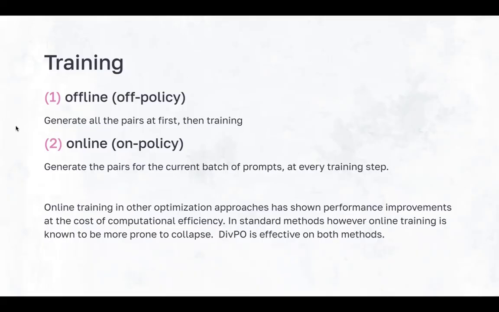First is offline policy: we generate all the pairs at first, then train. Second is online policy: we generate the pairs for the current batch of prompts at every step. Online training has shown preference improvement at the cost of computational efficiency. And in standard methods, online training is known to be more prone to collapse. DIVPO is effective on both methods.